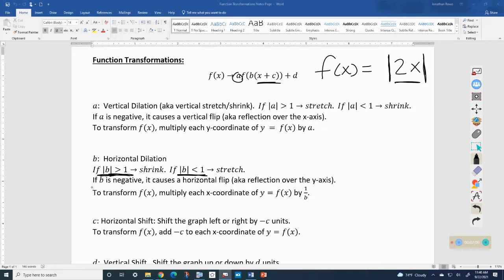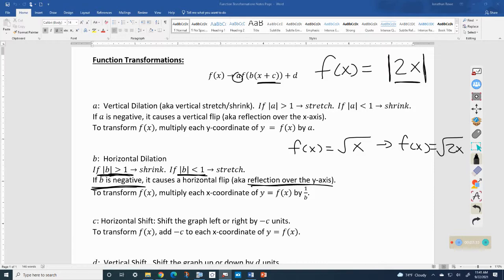All right, if B is negative, it causes a horizontal flip. In other words, a reflection over the y-axis, not the x-axis. Okay? So let's take the parent function, the square root of x, and let's transform that to f of x is the square root of 2x and see what happens.